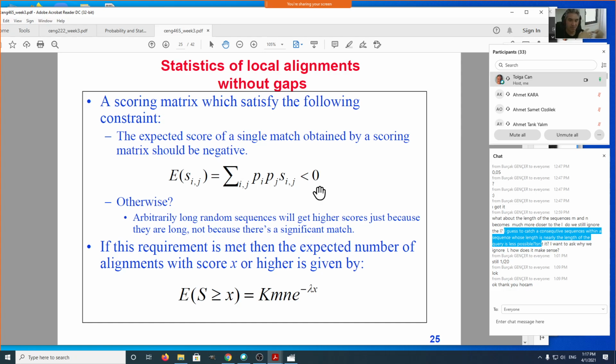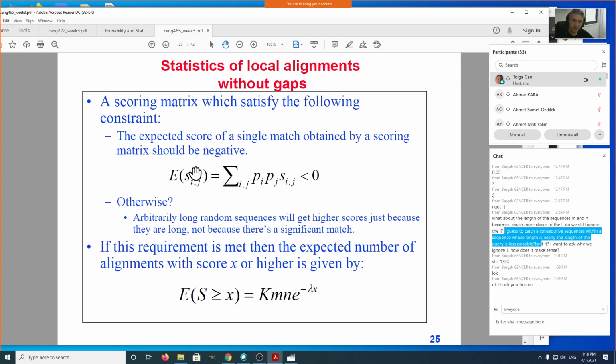Just have those two long random sequences and provide a random alignment by randomly mapping random amino acid pairs on top of each other. So it's really a nonsense alignment. That nonsense alignment is going to get an arbitrarily large positive score because the expected value of a random match is greater than 0 in that case. That's why we don't want it. We don't want arbitrary mismatches all over the place.